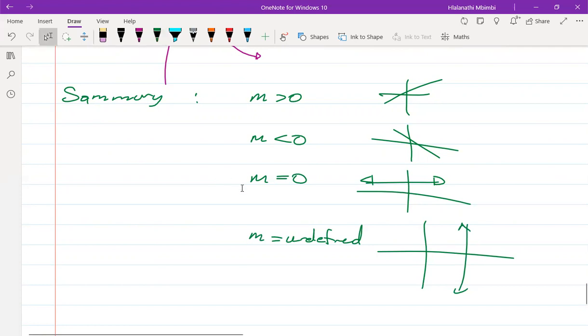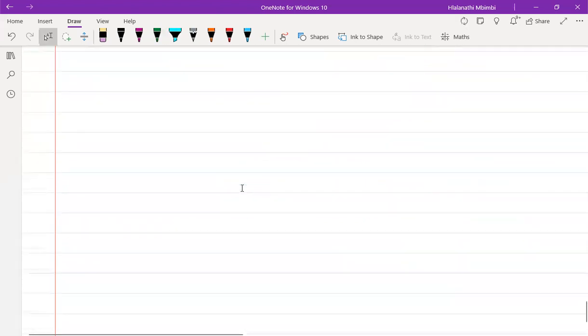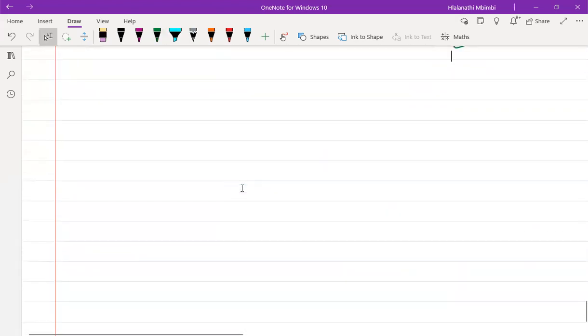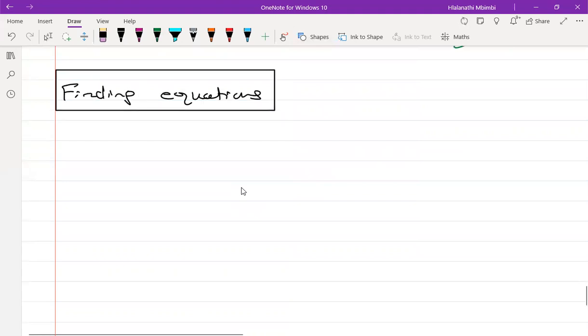Now let's look at finding the equations of graphs. I would consistently teach this because there are many ways that they can give you these things.